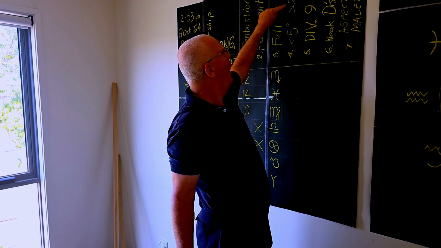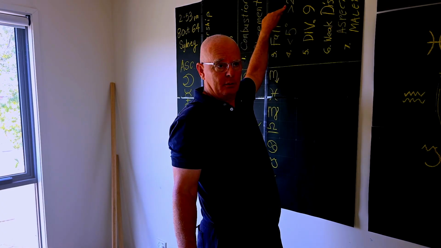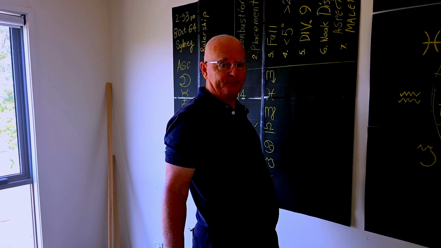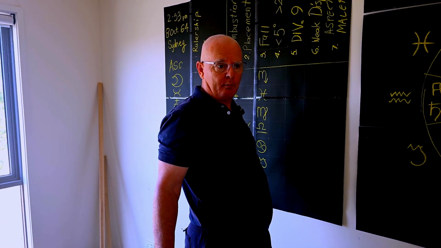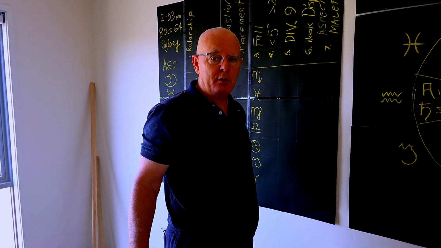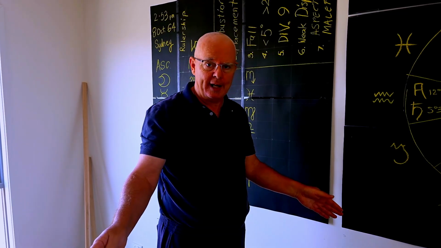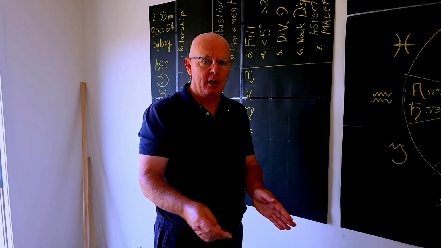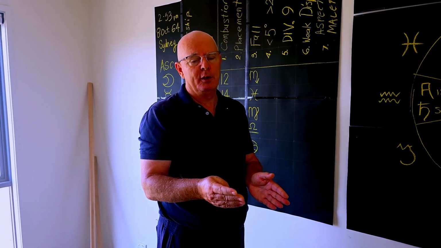And this is called old age, when a planet's at the end of a sign. So the closer a planet is to 0, either at the end of a sign or at the beginning of a sign, the weaker it is. So it's a sliding scale, with 0 being the weakest and 5 being a little weak.